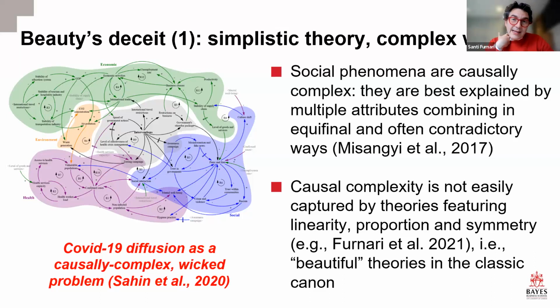One thing that can hide away is the complexity of the real world, and the fact that the real world is not symmetrical, and is indeed complex, non-linear, and often quite ugly in the sense that it's difficult to simplify. It's messy. And I had the example here of COVID-19 diffusion. If you look at this figure here and contrast that with the boxes and arrows figure, this figure here is much more messy. There are arrows that go all the way, they go back and forth.